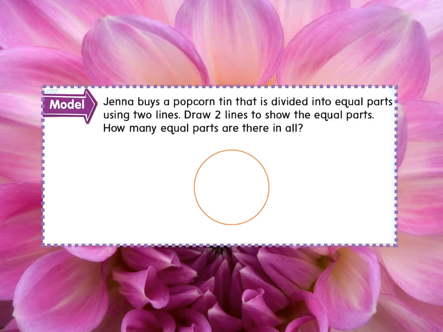Okay, kids, let us have examples on how you can partition or divide a whole into fourths or quarters. Jenna buys a popcorn tin that is divided into equal parts using 2 lines. Draw 2 lines to show the equal parts. How many equal parts are there in all?